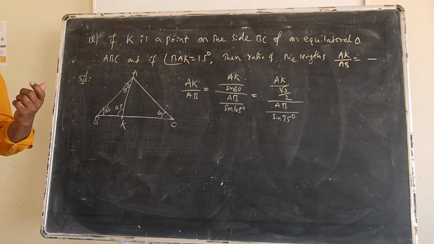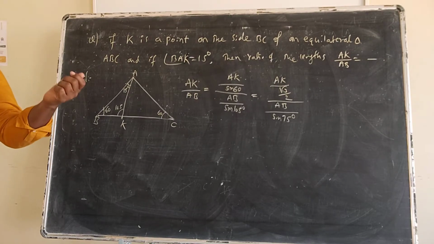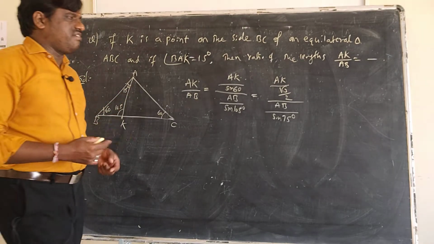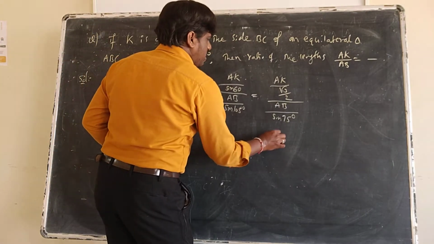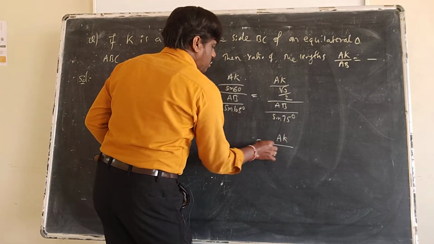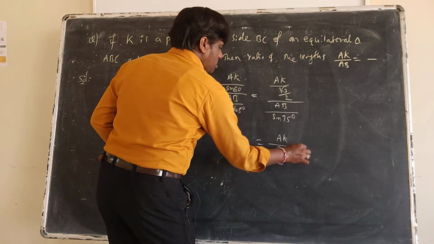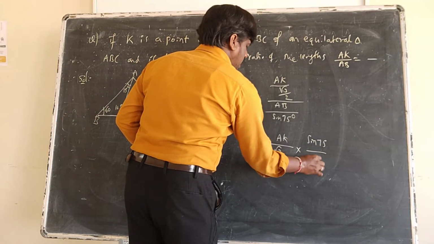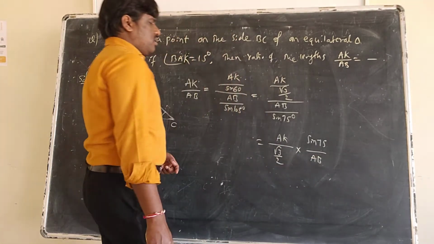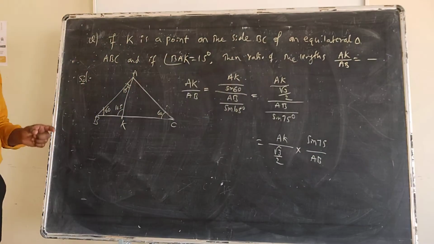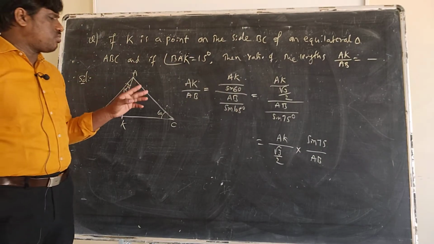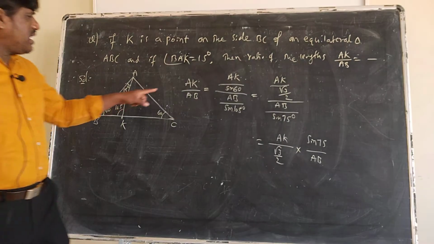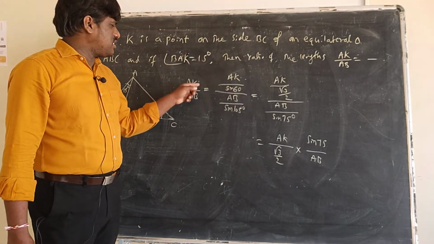So 105 can be written as 180 minus 75, so sine 75. So I get AK divided by root 3 by 2 into sine 75 degrees divided by AB. Actually I just want to tell you that AK by AB can be written as follows.